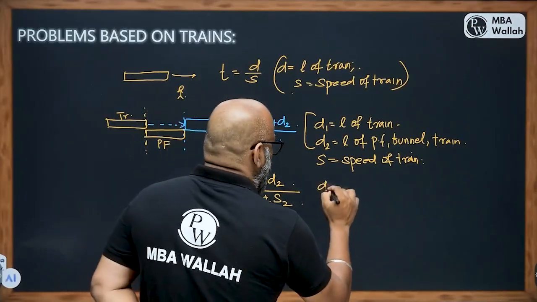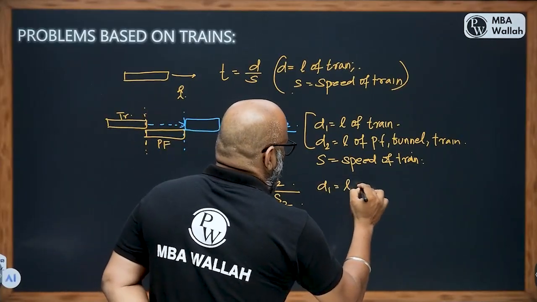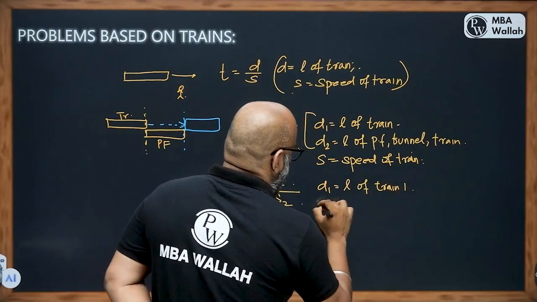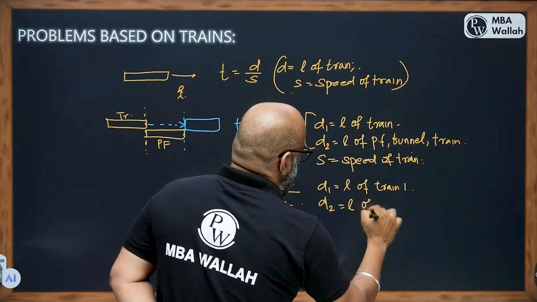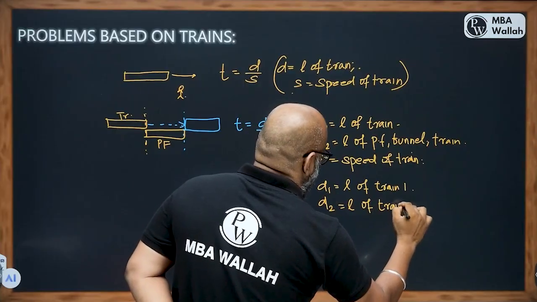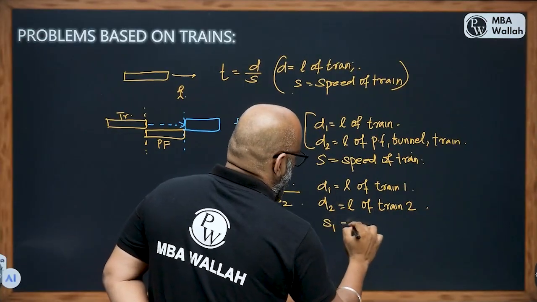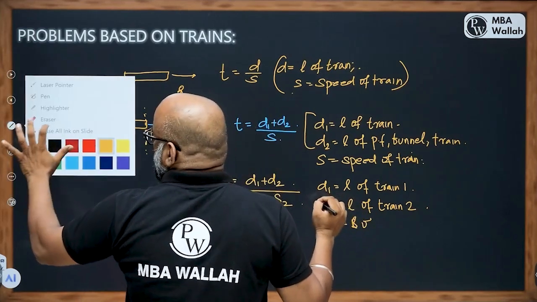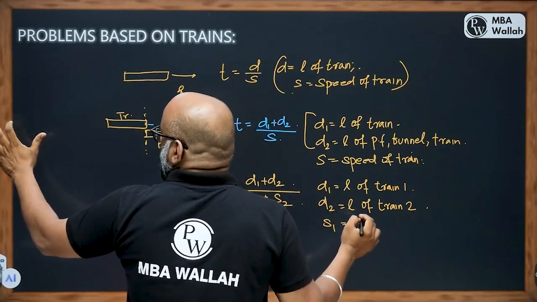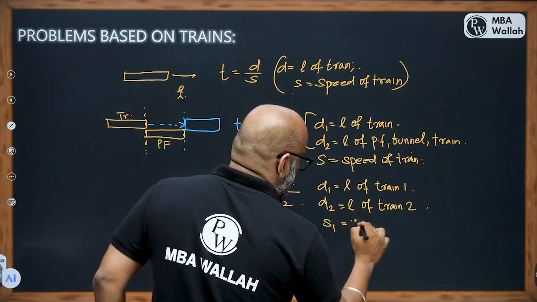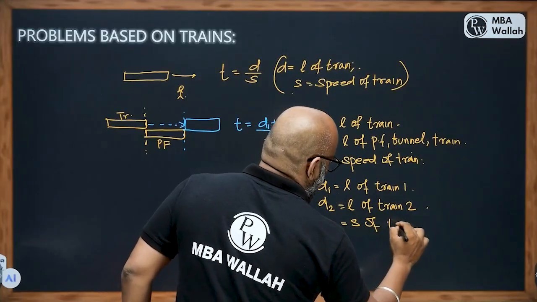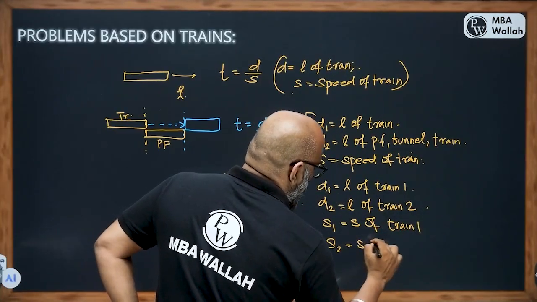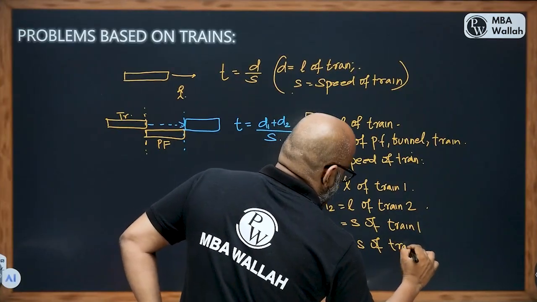So d1 is equal to length of train 1, d2 length of train 2, s1 speed of train 1, and then s2 speed of train 2.